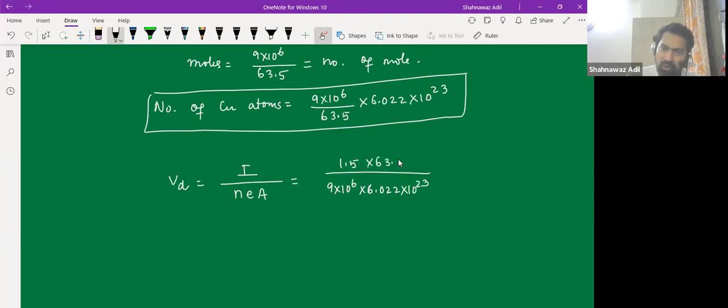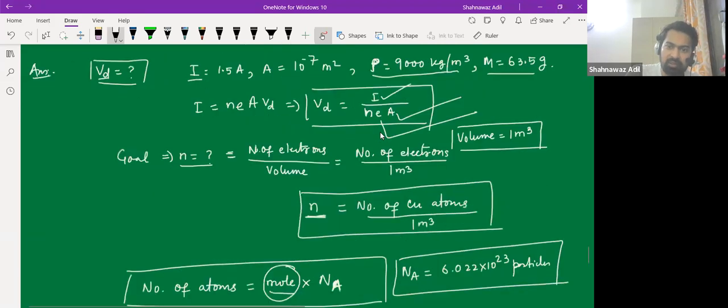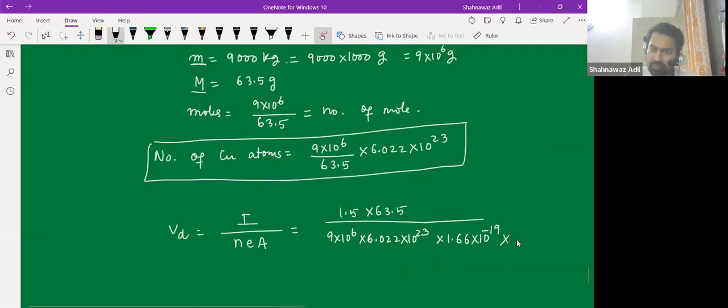And we have this E, which is 1.6 into 10 to the power minus 19. And area is how much? Area is 10 to the power minus 6, right? So all the units are in SI units.